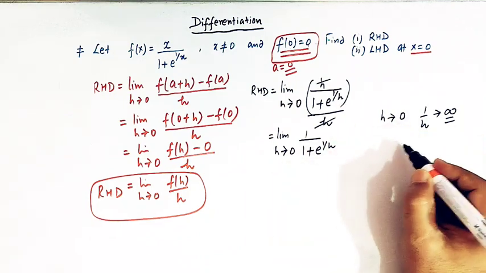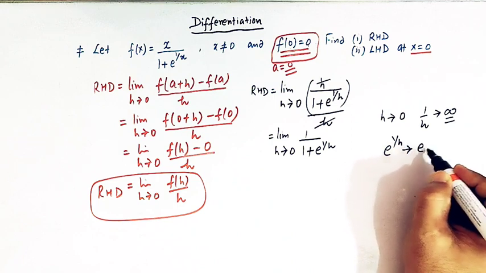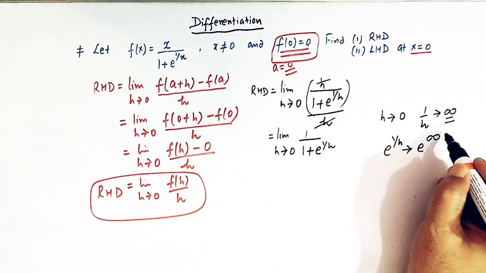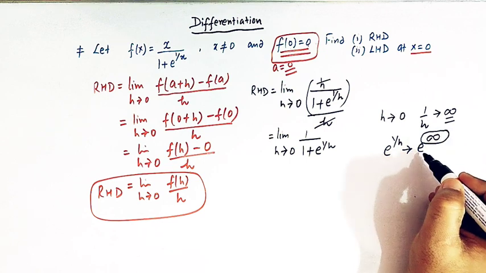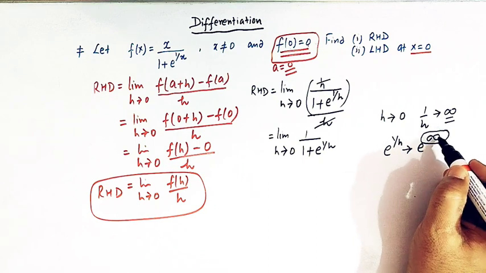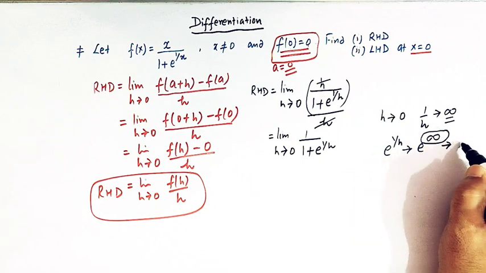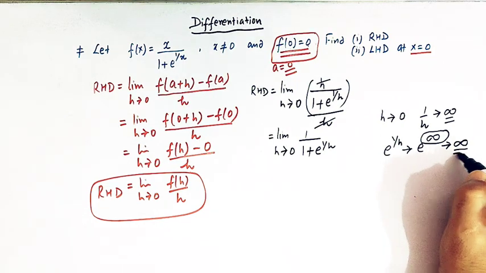Then e raised to 1 over h tends to e raised to infinity. When the exponential number is raised to such a large number, we always get another large number, so here we have infinity.